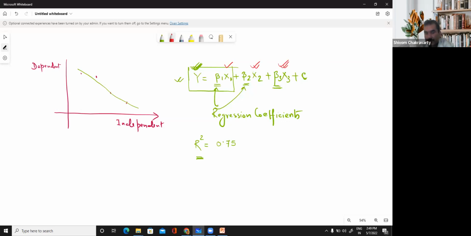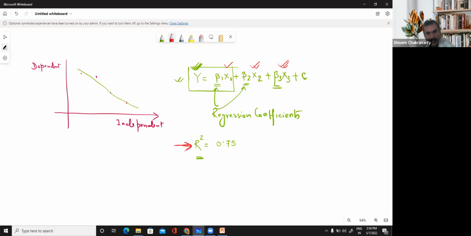R square will tell us whether including an additional independent variable is allowing us to predict better. Is including an additional variable making sense? That indication will be given by this R square. Okay.